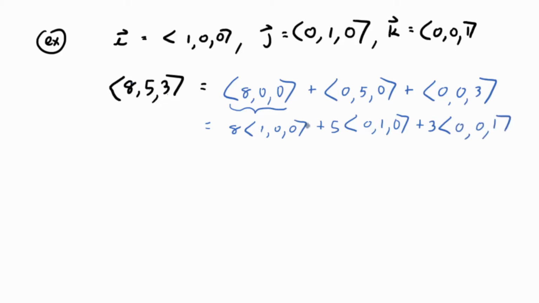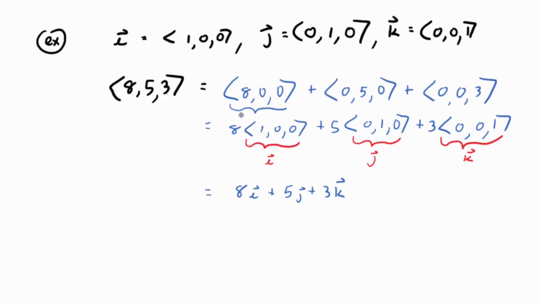So I'm just showing you why you can write any vector in i, j, k form, and that you shouldn't be afraid of i, j, k form. It's actually a really nice form. So you could rewrite this as 8i plus 5j plus 3k.